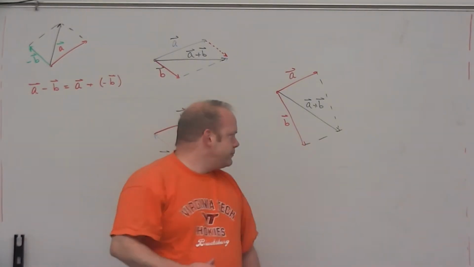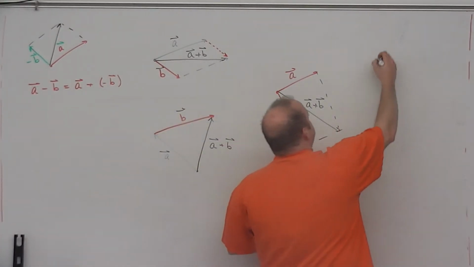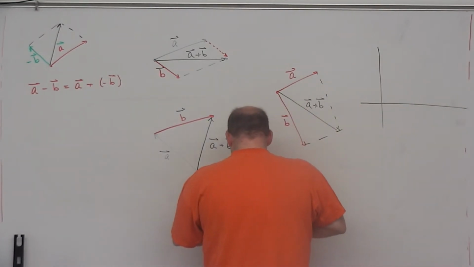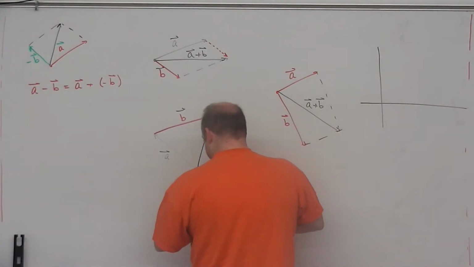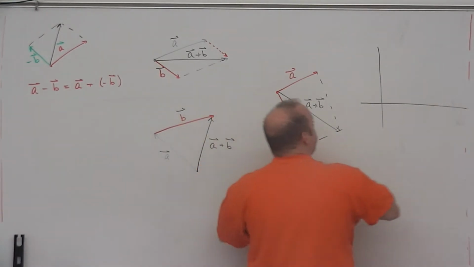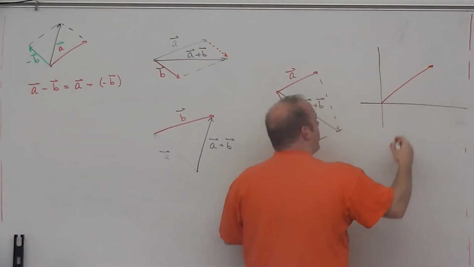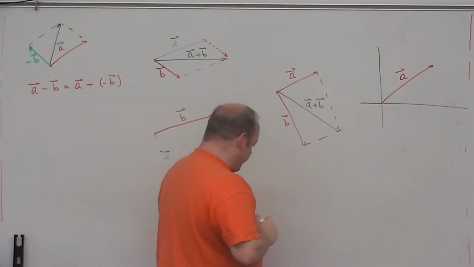Now, really what we want to do, let's just say that I have an axis like this, and I have a vector. It goes like this. I'm going to call this vector A. Well, now this has components.